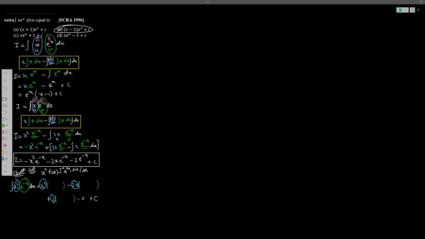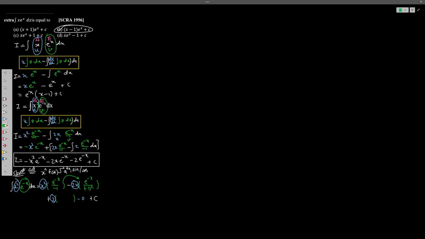directly integrate e raised to minus x, e raised to minus x upon minus 1. Integrate the whole bracket, e raised to minus x upon minus 1 square.